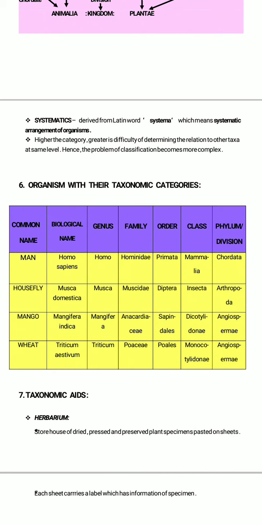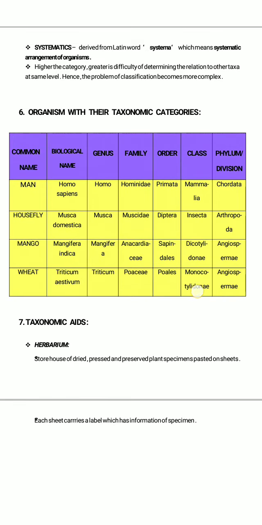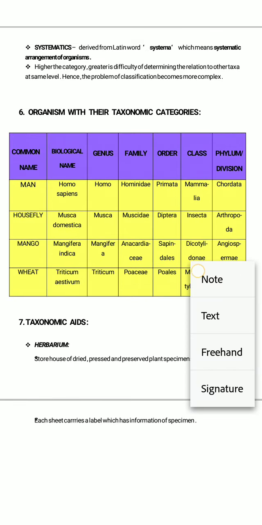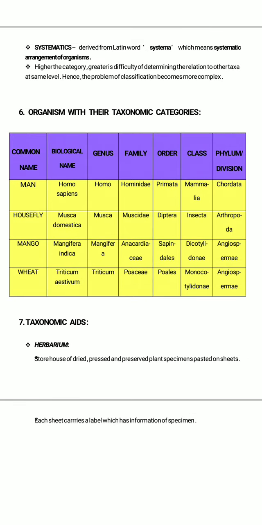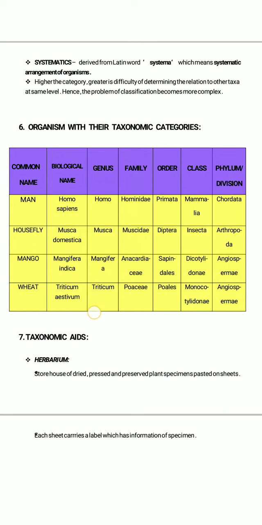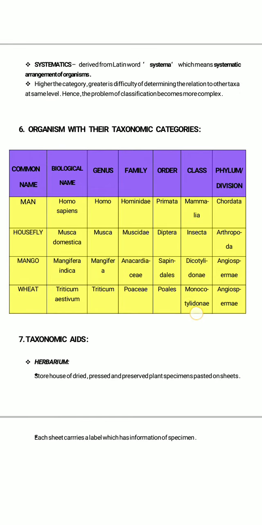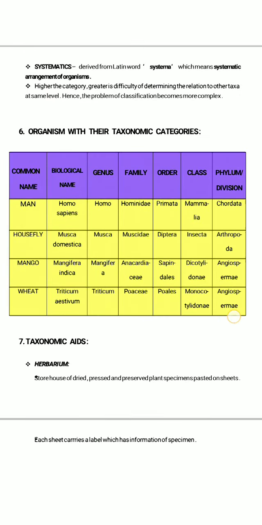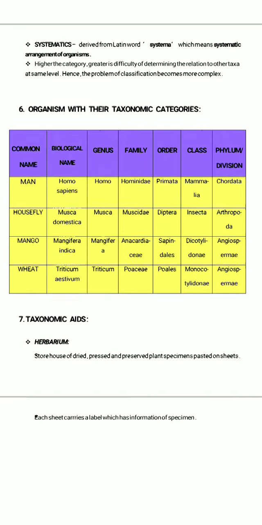It comes under the class Dicotyledone. Then Angiospermae, the division. Then wheat. The biological name is Triticum aestivum. The genus name is Triticum and family name is Poaceae. Order name is Poales, class name Monocotyledone, and division name is Angiospermae.